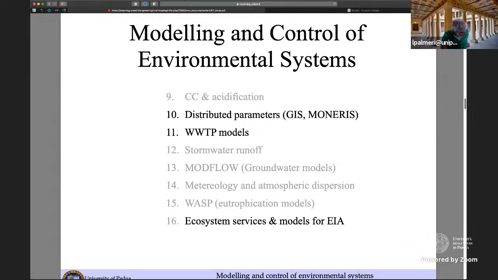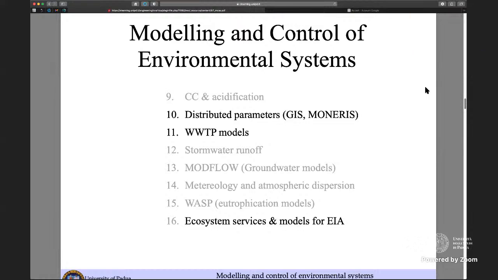In reality, when we describe environmental systems, we may describe systems that interact with the environment, so systems that are somehow geographically distributed.